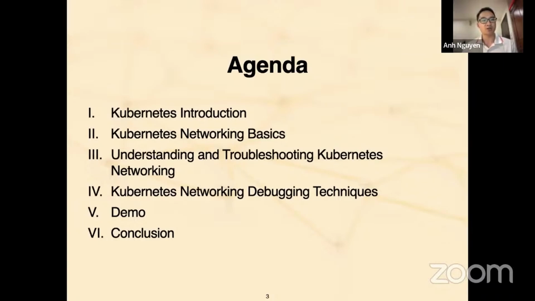Next, I will share some debugging techniques for Kubernetes networking and have a small demo example to show you how to apply the techniques in practice. Finally, I will summarize the key points of today's presentation, and we will have a few minutes to answer your questions if you have any.